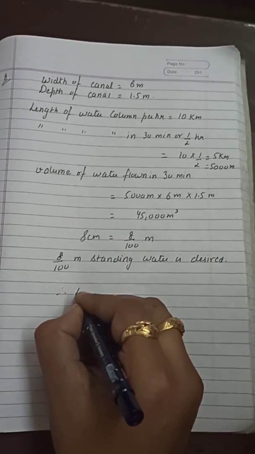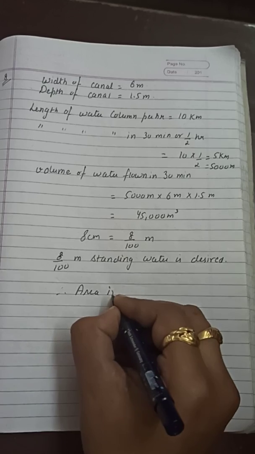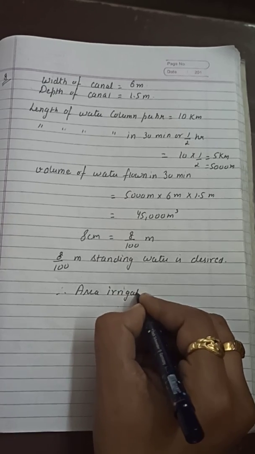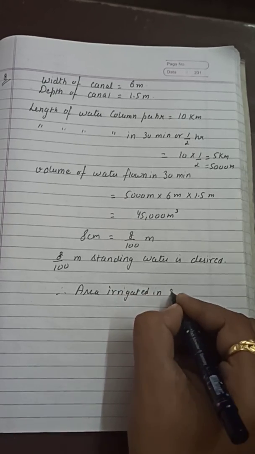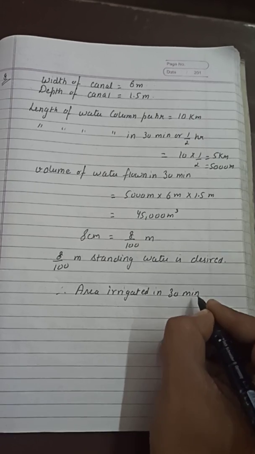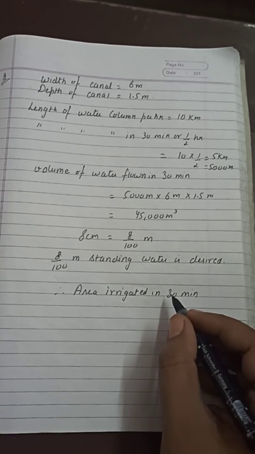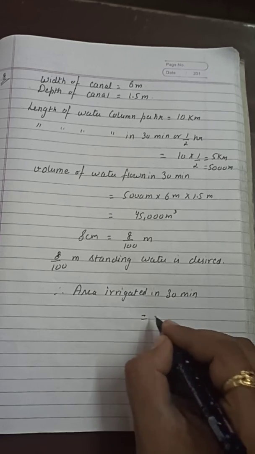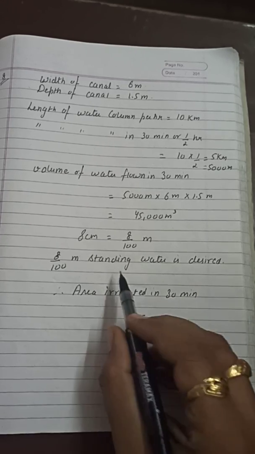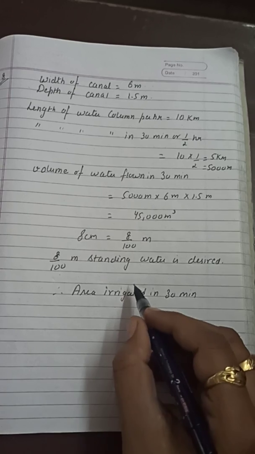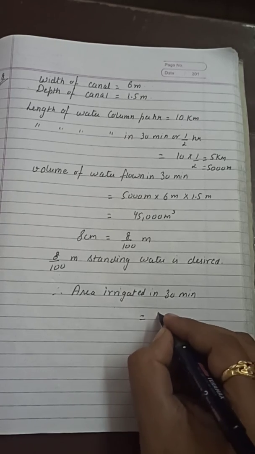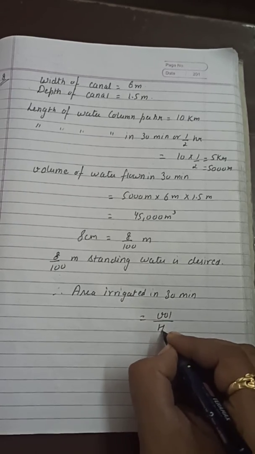So therefore the area irrigated in 30 minutes is the volume of water flown in 30 minutes divided by the height. How much height is required there? 8 by 100 meter height is required. So it will be volume over height.